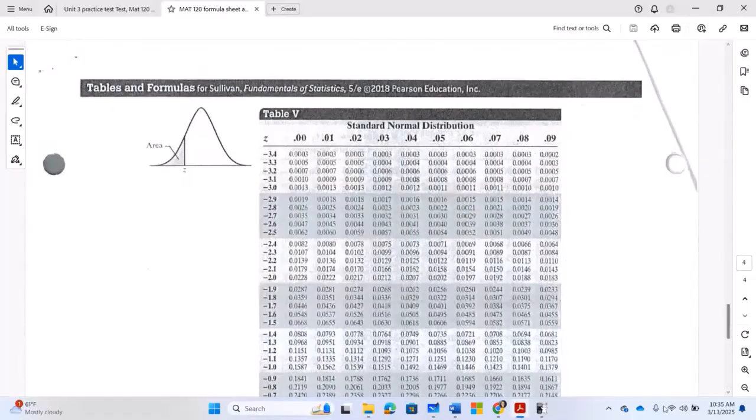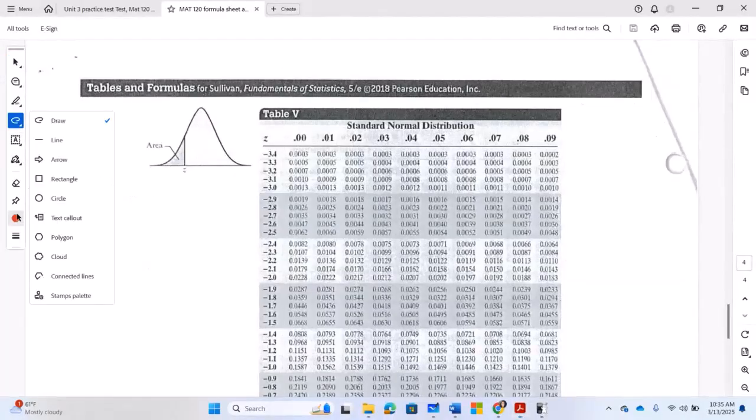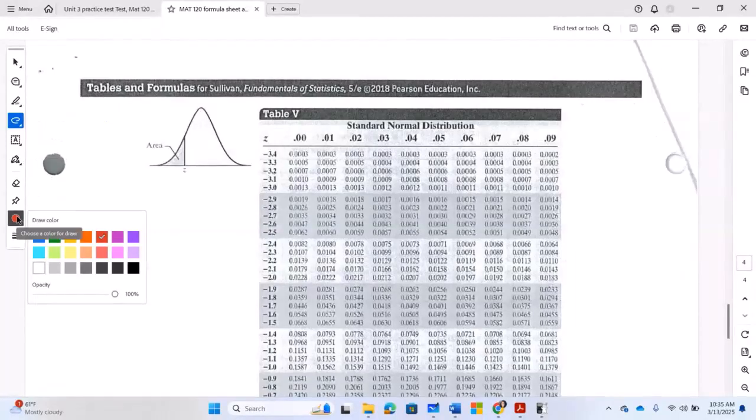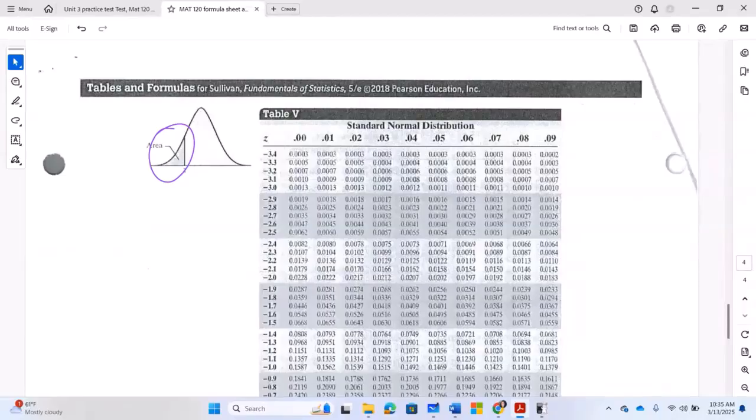I just want to make sure you remember that the standard normal curve finds the area to the left, the cumulative area, the percentile. It finds the percentile, the cumulative area. So we call this the percentile. Area to the left of a normal curve, that is what we find all the time.